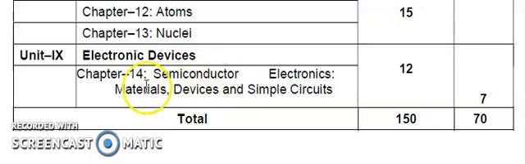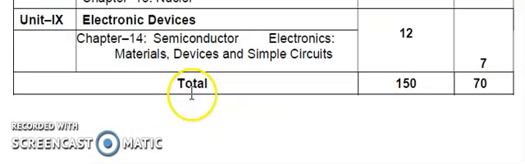In this chapter, we will study those materials which come in between conductor and insulator, like semiconductors. We will study materials whose conductivity depends on temperature also, and we can even increase the conductivity of these materials by adding external impurities into them.